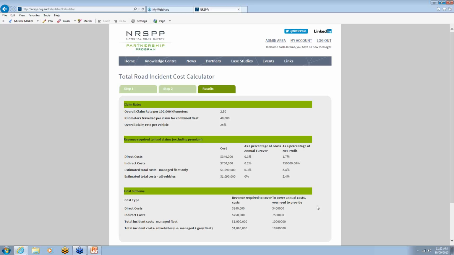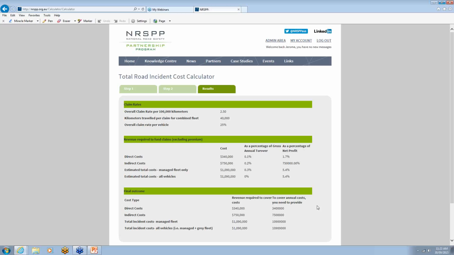Now, for the purpose of this exercise, we were looking at your tins of pop that you make and your profit margins and so on. So our best estimation is that you would have to actually manufacture 3.4 million tins of pop just to cover your direct costs. You'd have to make a further 7.5 million tins of pop to cover your indirect costs.